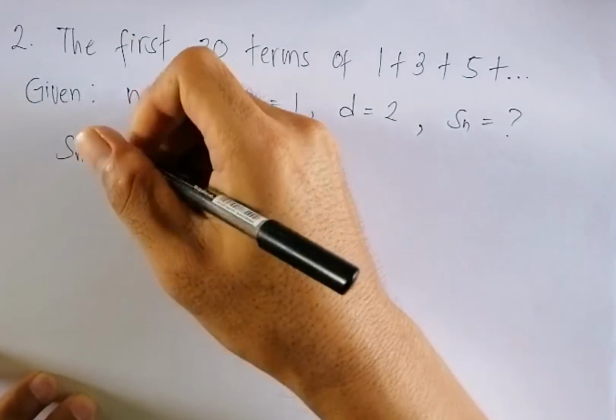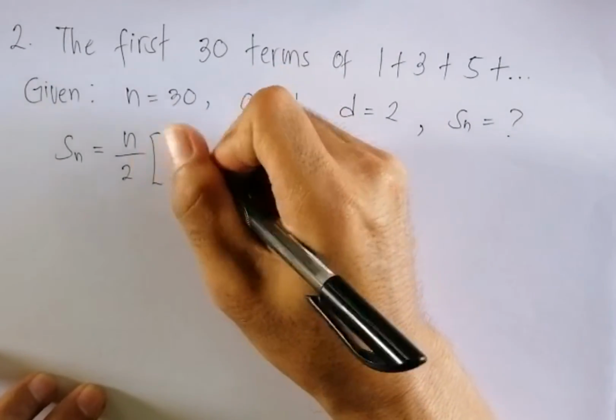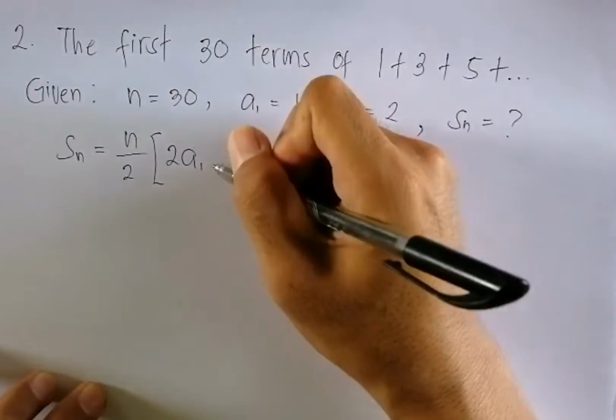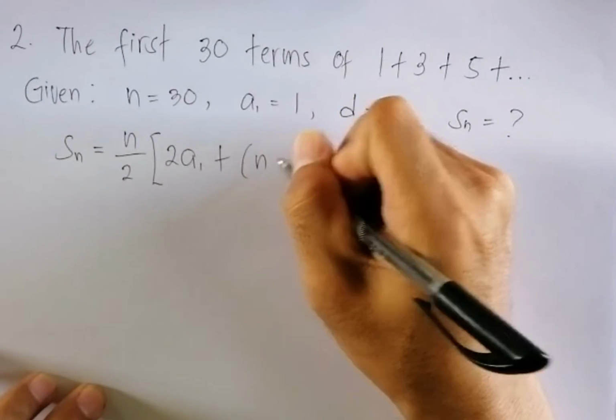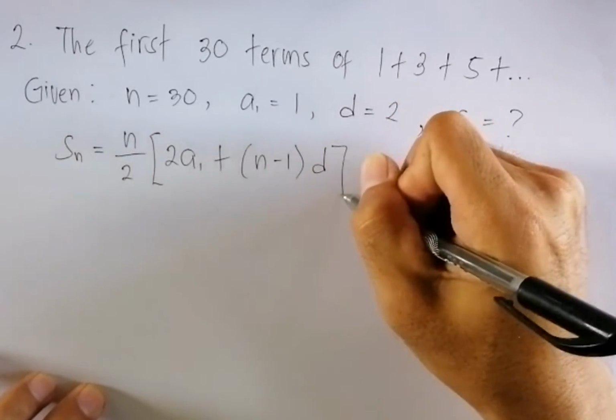The formula is S sub n is equal to n over 2 times 2 times the first term plus the quantity of n minus 1 times common difference.